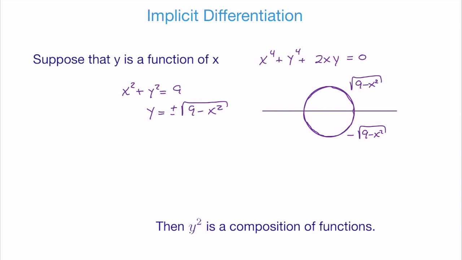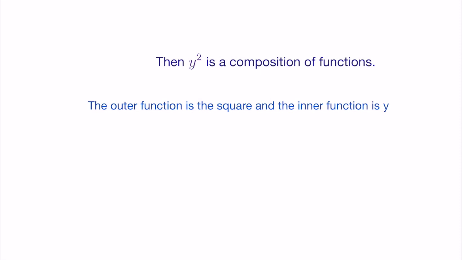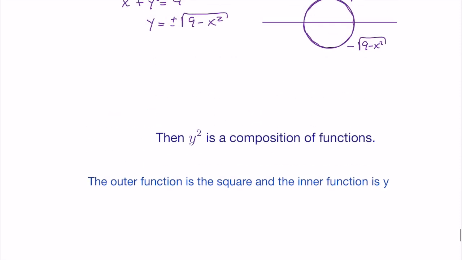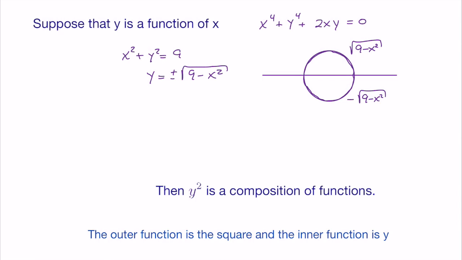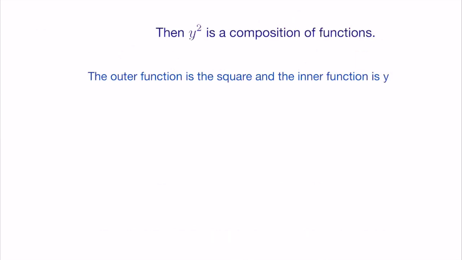So how do we differentiate y? That's when implicit differentiation comes in. Suppose that y is a function of x. Then y squared is a composition of functions. The outer function is the square and the inner function is y, because y is a function of x. Of course, we apply the chain rule.